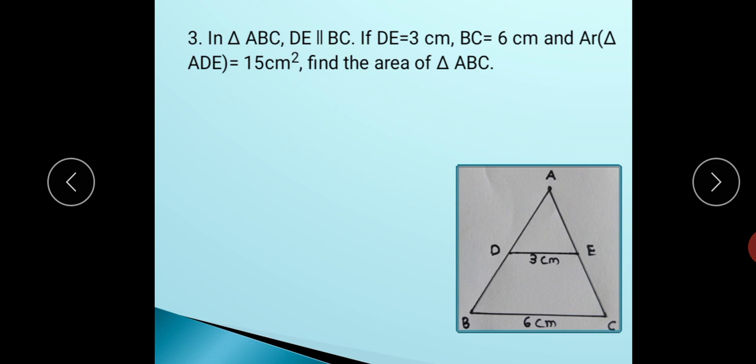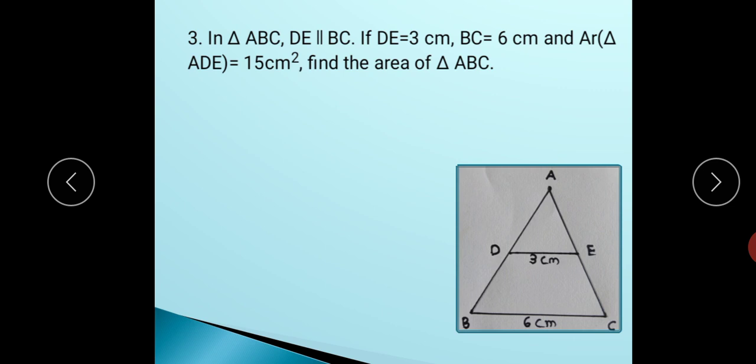DE is 3, BC is 6, and area of triangle ADE is 15 centimeters square. Find area of triangle ABC. Though it is given parallel, we cannot use BPT here because this deals with the areas of the triangles.